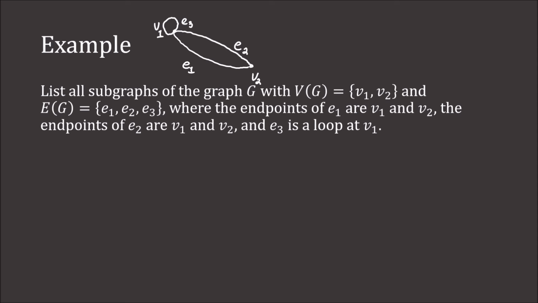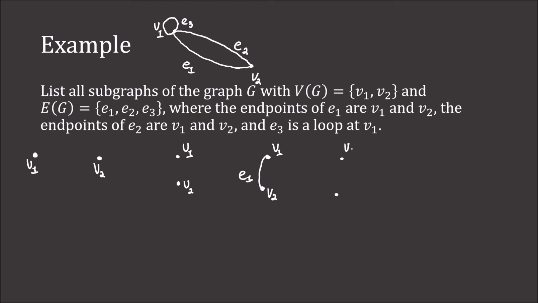Well, there are three really easy subgraphs: the subgraph that only has vertex 1, the subgraph that only has vertex 2, and the subgraph that has both vertices but no edges. Now let's look at starting to add edges. We can do this: that contains both vertices and only edge 1.